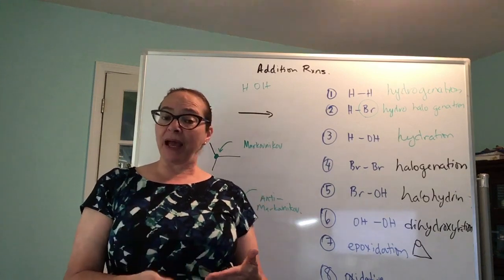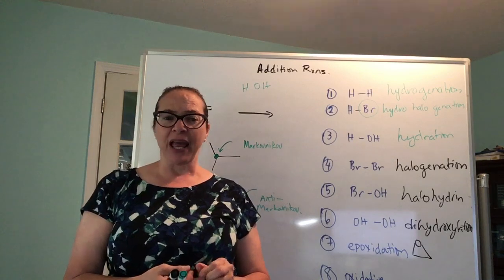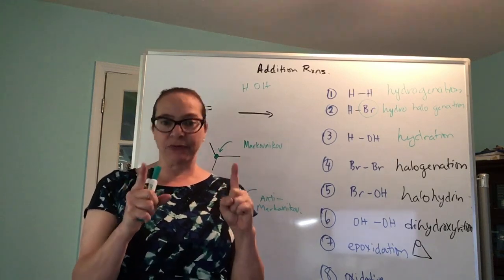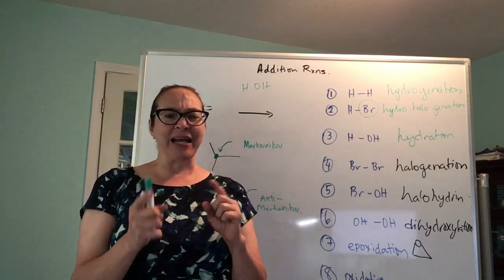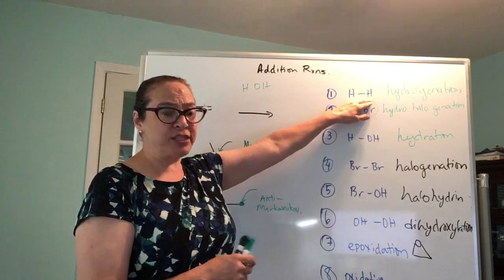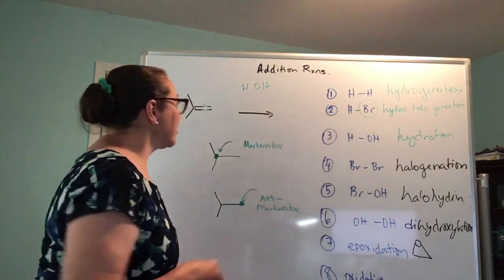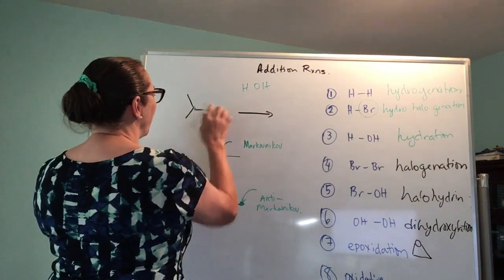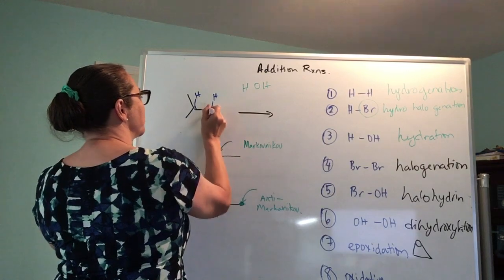Now, something that comes to mind and happens very often in organic chemistry is that when we're adding two different things across the double bond, they can add in two different ways. So if we were adding two hydrogens, and I'm specifically looking at my blue marker, the double bond is going to go away, and it's going to add a hydrogen to this position and a hydrogen to this position.